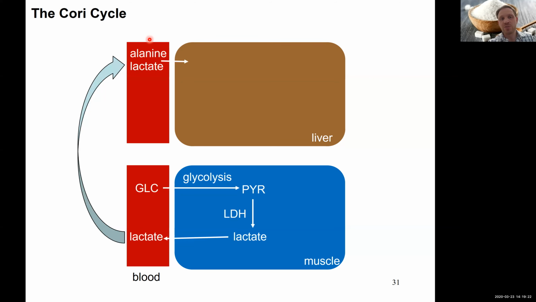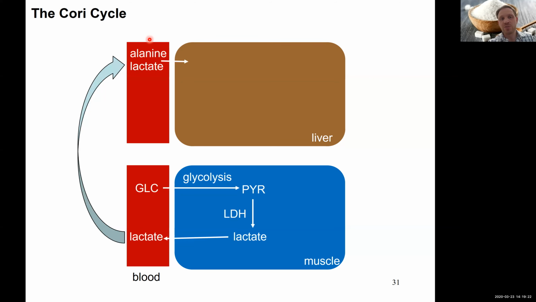Then in the liver cell, right, we can bring in lactate, or we can use other resources such as alanine. We can do GNG to glucose 6-phosphate. We use our phosphatase that is unique to the liver now to generate free glucose. That glucose can leave the liver cell, go back into the bloodstream, and back to the muscle cell.